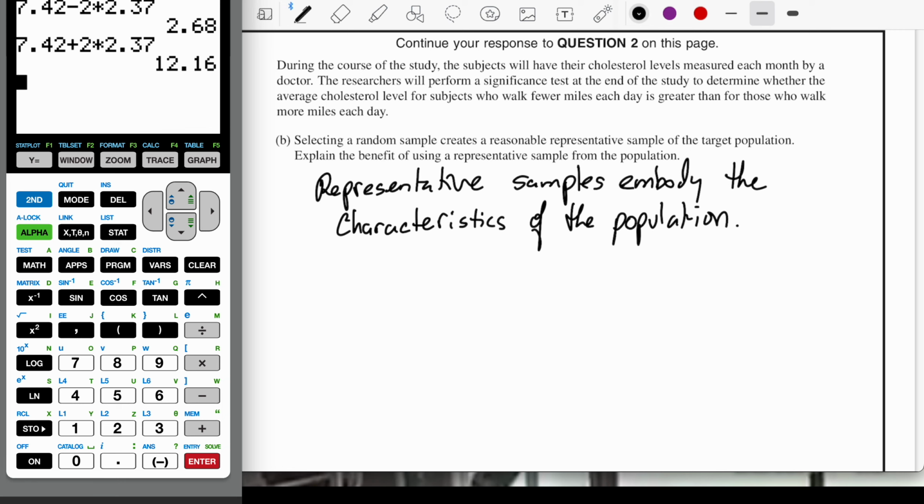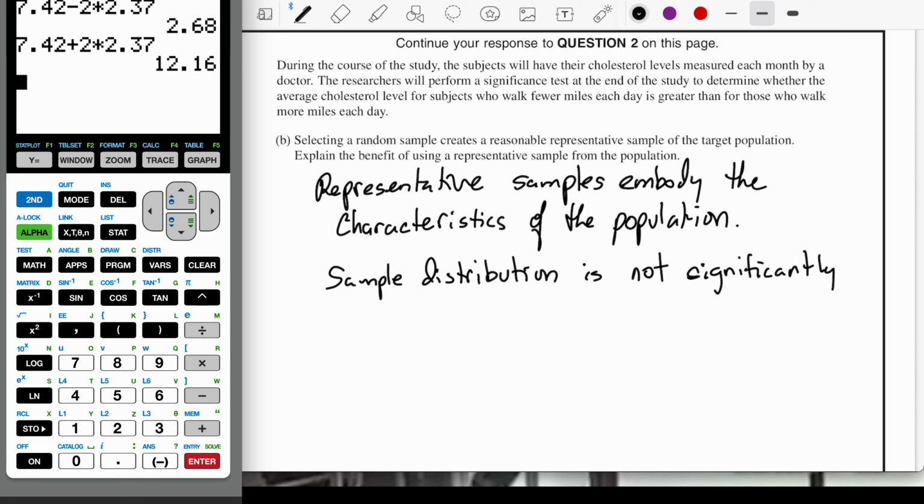So the sample distribution is not significantly different from the population distribution.